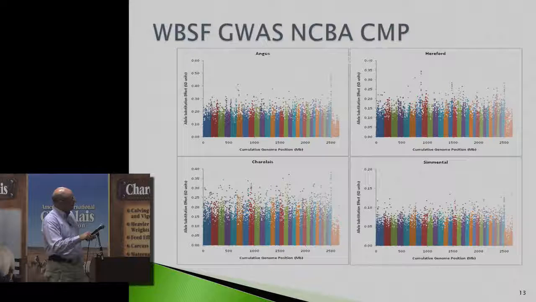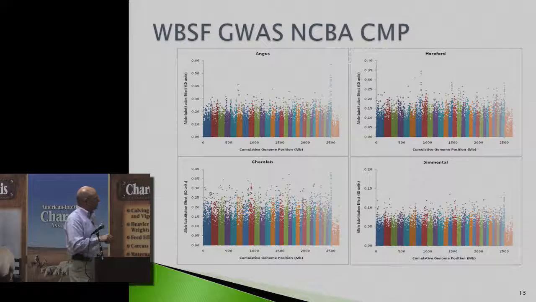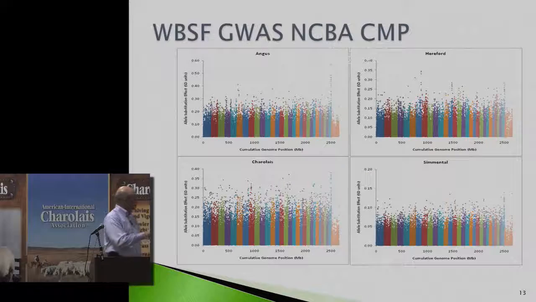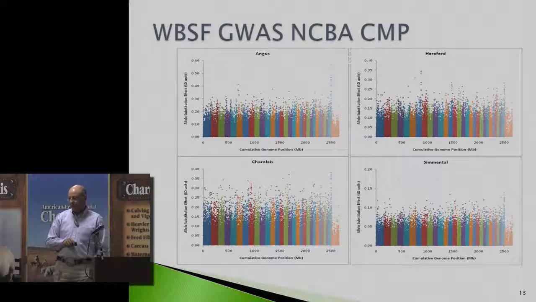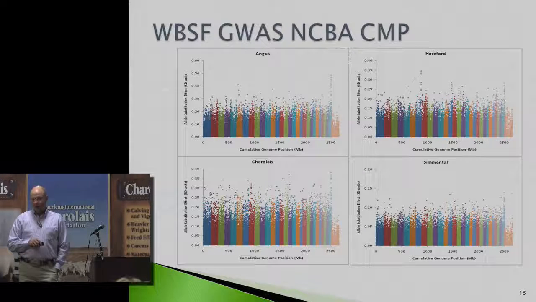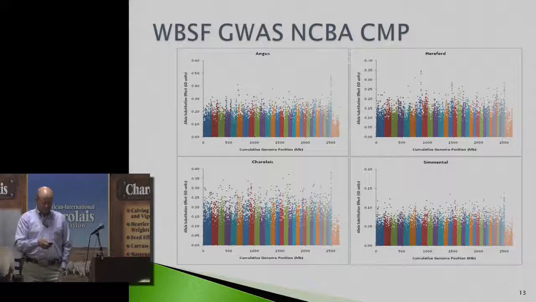This panel here in the lower left is Charolais, Angus, Hereford, and Simmental, and it represents each marker as a dot, and it represents that particular marker's influence or association, allele substitution effect in this case, with Warner Bratzler shear force. What you can see is there's a whole bunch of them, and lots of them have very small effects.